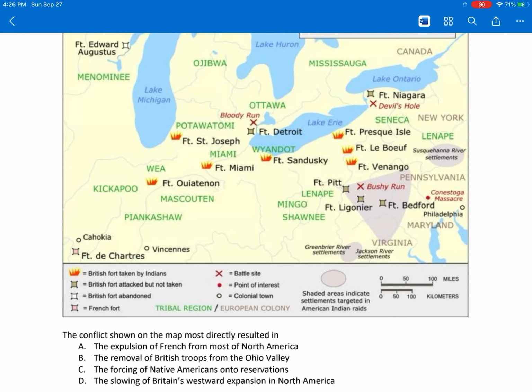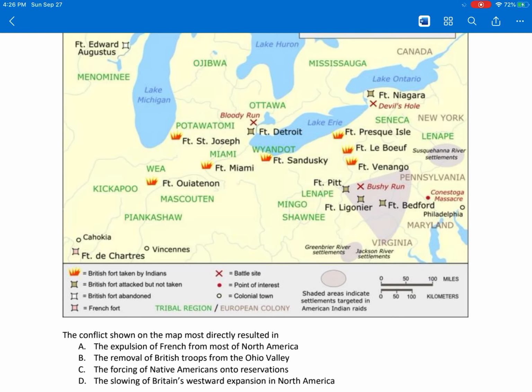D, the slowing of Britain's westward expansion in North America. The answer is D, and we know it because of the Proclamation of 1763. The tribes came together to unite themselves against the British force, but more importantly, it forced Britain to not only get along better with Native American tribes after Pontiac's Rebellion, but to slow the settlement past that imaginary line, the Proclamation of 1763 line.